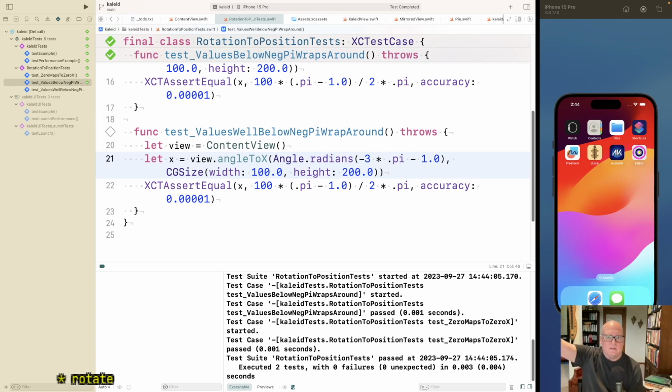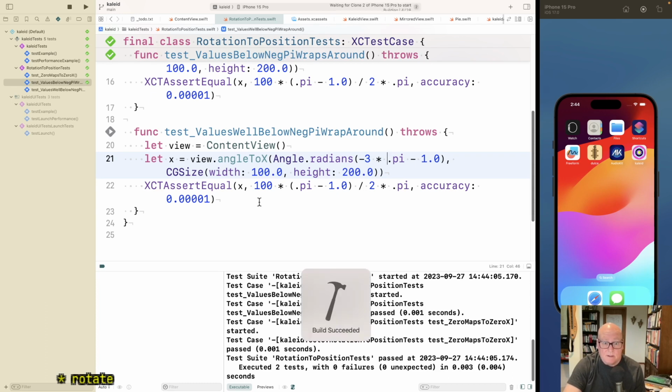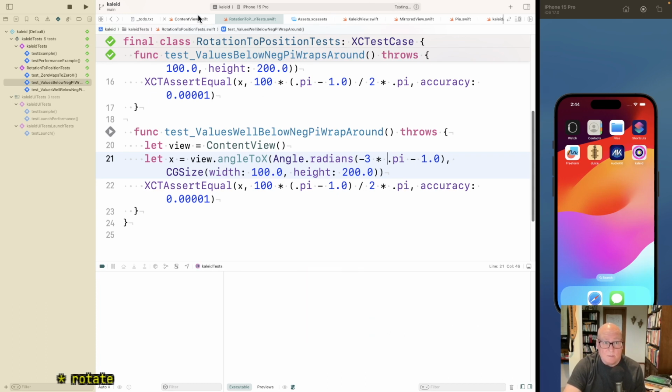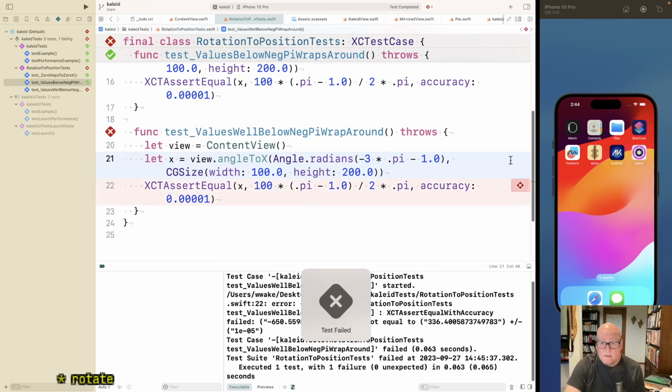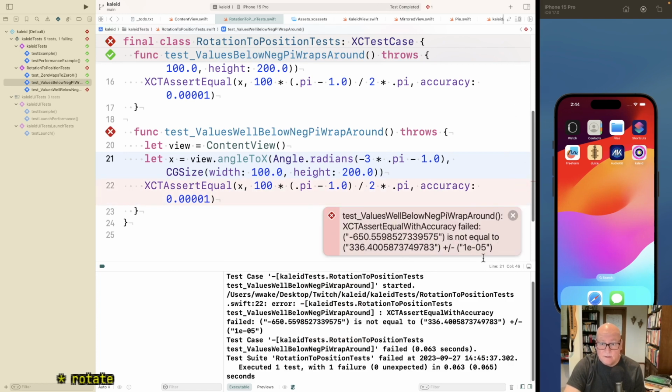So it's wrapping 1 pi plus a little, minus 1 is a little more, and then 1, 2, it should wrap to the same place, because I've just taken 2 more pi away. This one's going to fail, but I think I can turn it into a while loop and make it pass. Okay, and so it didn't go far enough. It was still minus 650.